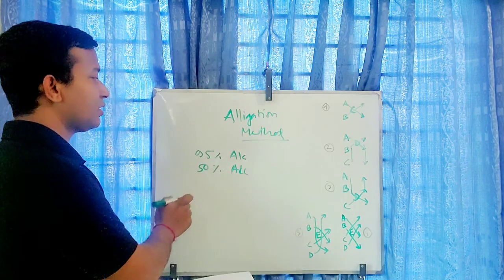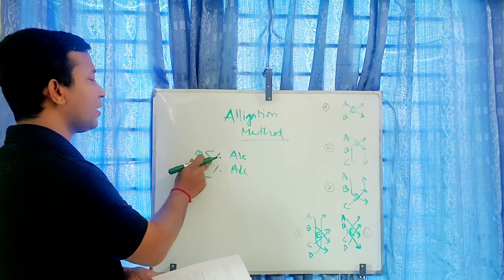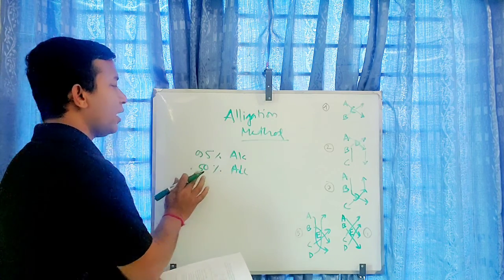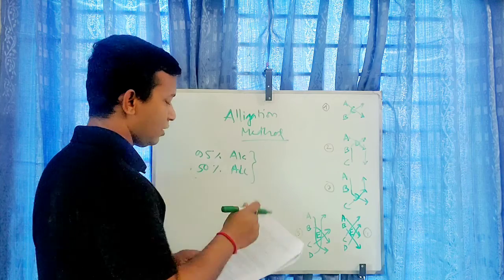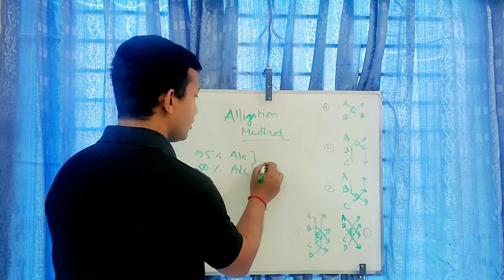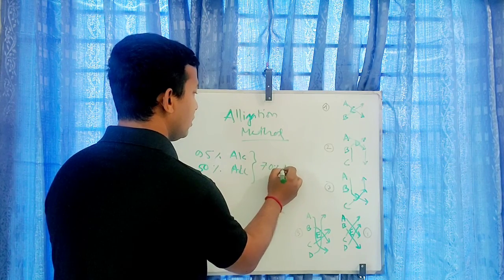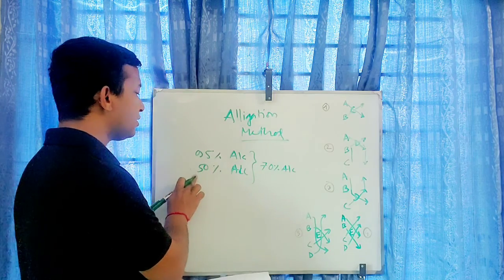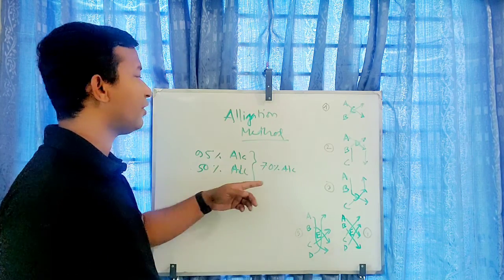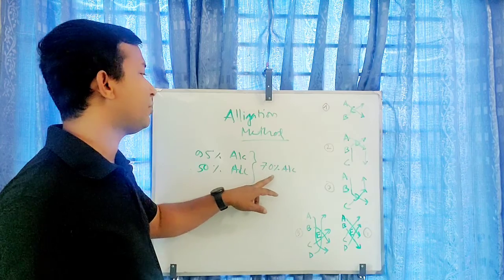These two are mixed together, and the final solution, I mean the result, was 70% alcohol. So they have been mixed in such a way that the concentration of the final volume is 70%.